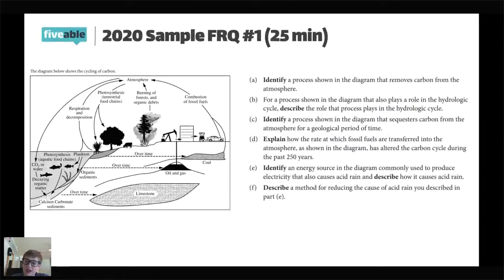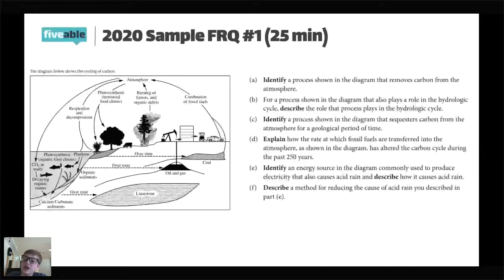So let's get into describe how it causes acid rain. I think that Morgan already talked about this earlier, so I'm going to read that. Oh, there he says, which I've already scrolled past again, Crowdcast is not my friend today. So he says coal burning releases sulfur dioxide into the atmosphere, and when sulfur dioxide reacts with H2O, it forms sulfuric acid.